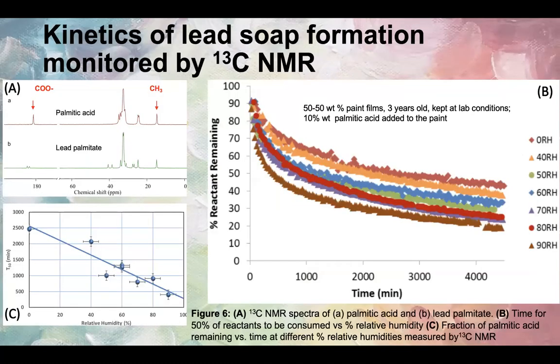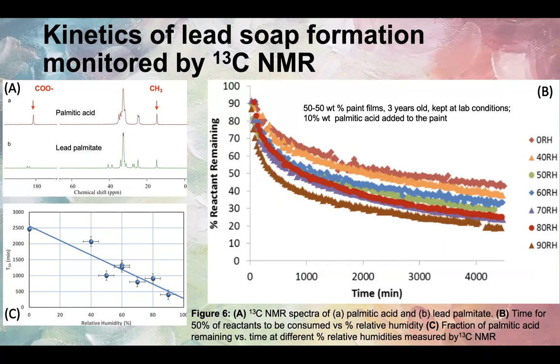We've also done kinetic studies by NMR, monitoring the reaction of a deuterated free fatty acid, in this case palmitic acid, on a model paint film.